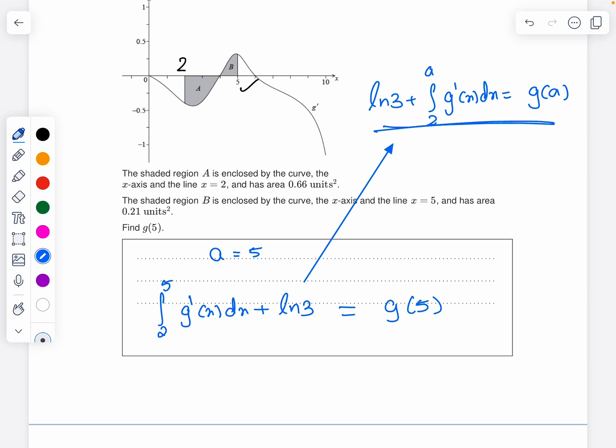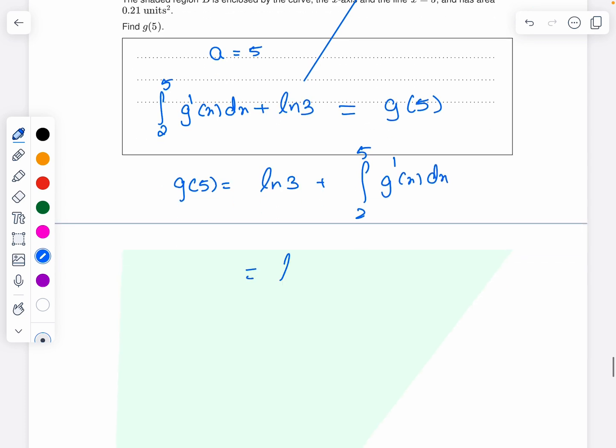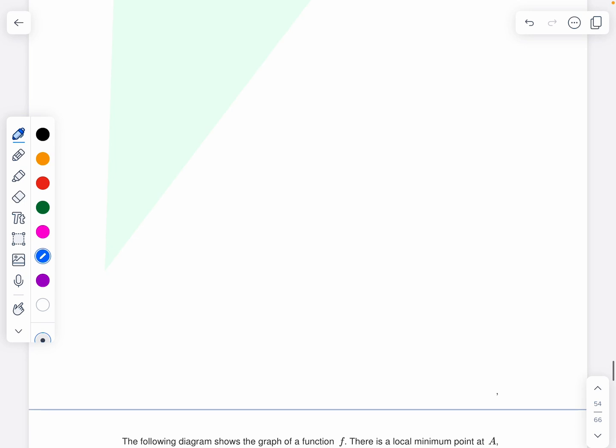So g of 5 will be equal to ln 3 plus the integral from 2 to 5 of g prime x dx, which is ln 3 plus, 0.66 is negative area so minus 0.66, whereas 0.21 is positive area, plus 0.21. So it's going to be ln 3 minus 0.45. This is the easiest way of doing the question.